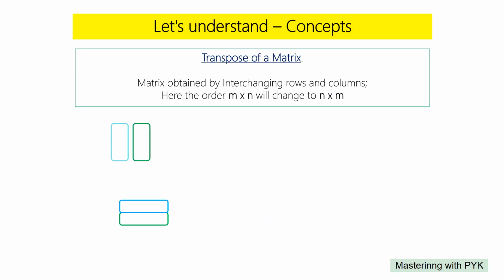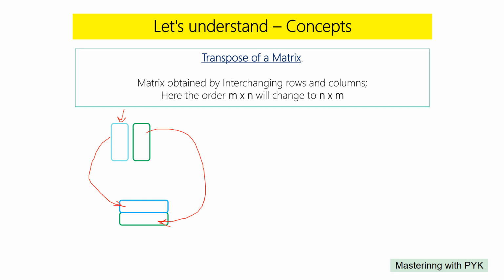Let's understand transpose of a matrix. A matrix that is obtained by interchanging rows and columns. This means the column here becomes a row, a column here becomes a row. So when we interchange the column to row or vice versa, it is called the transpose of a matrix.